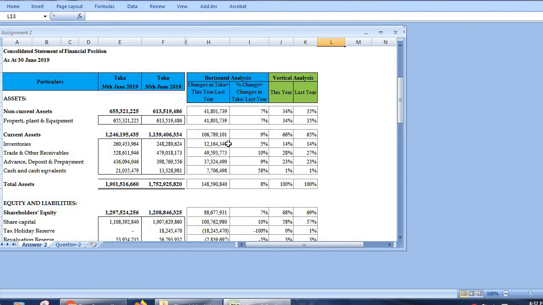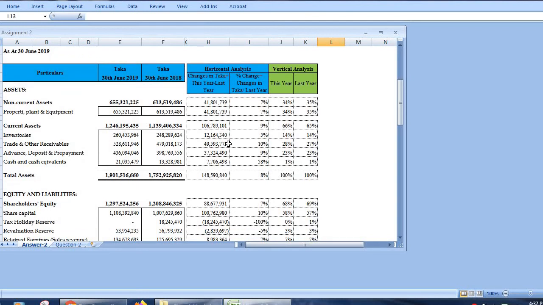Balance sheet using vertical analysis. As you know, vertical means up and down. On the balance sheet, vertical analysis is done by dividing all items by total assets for each year.